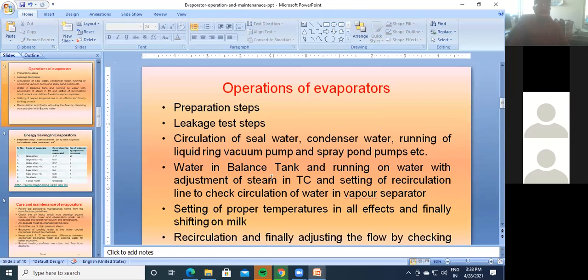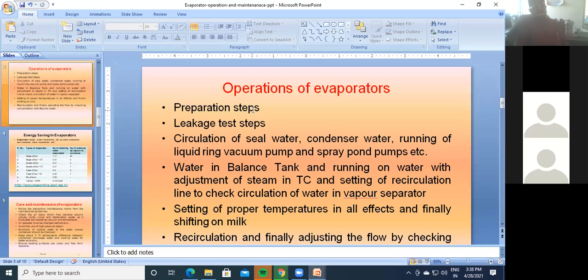When you want to operate the plant, you have to do some steps like preparation steps and leakage test steps. Preparation means you have to prepare your plant by cleaning it properly, by taking CIP before, and circulating water after CIP to see that the plant is totally clean.